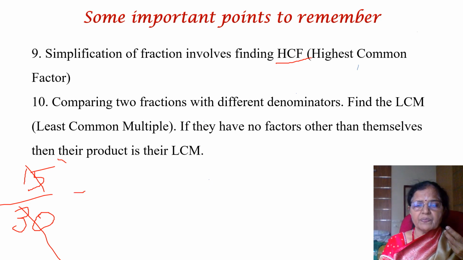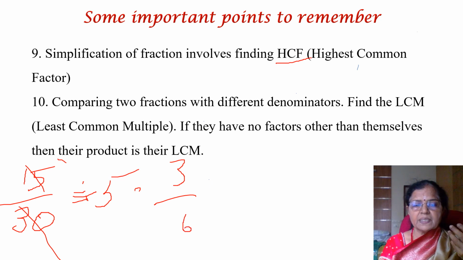So divide both by the number 5. What will you get? You will get 3 by 6. 3 5s are 15 and 3 6s are 30. Now again this can be divided by 3. Both numerator and denominator can be, find again the common factor. The divisor is 3, isn't it? It can be divided by 3. 2 you cannot divide. So all this will come by practice.